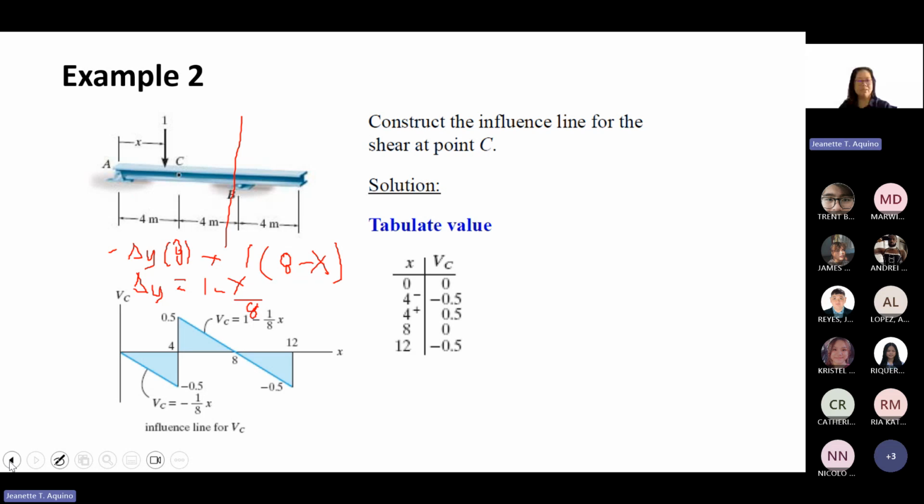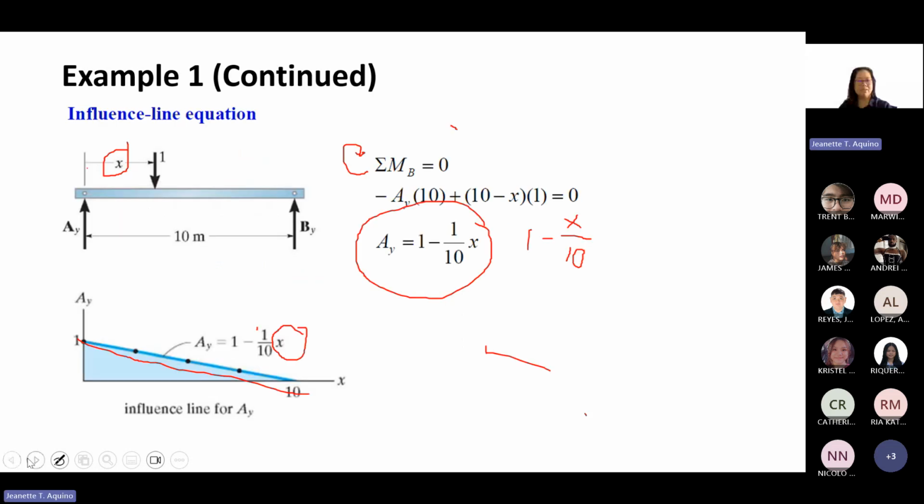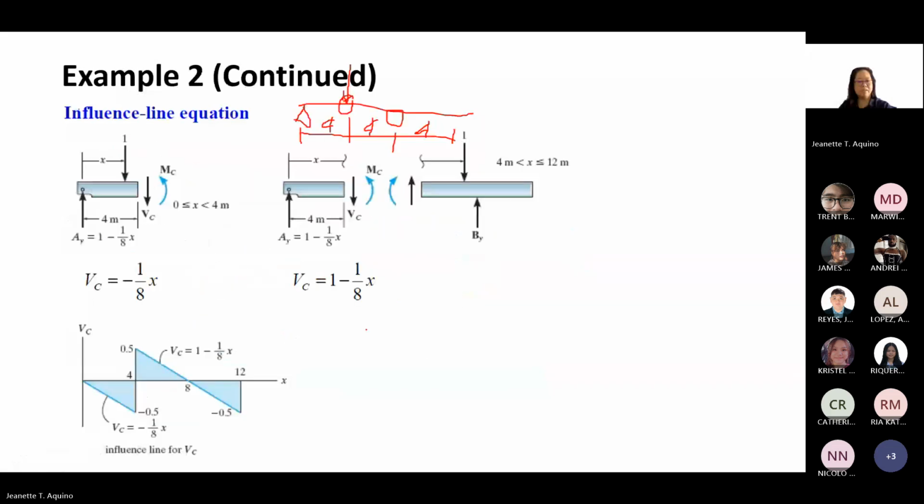We also need B, right? We don't need BY, we only need AY.